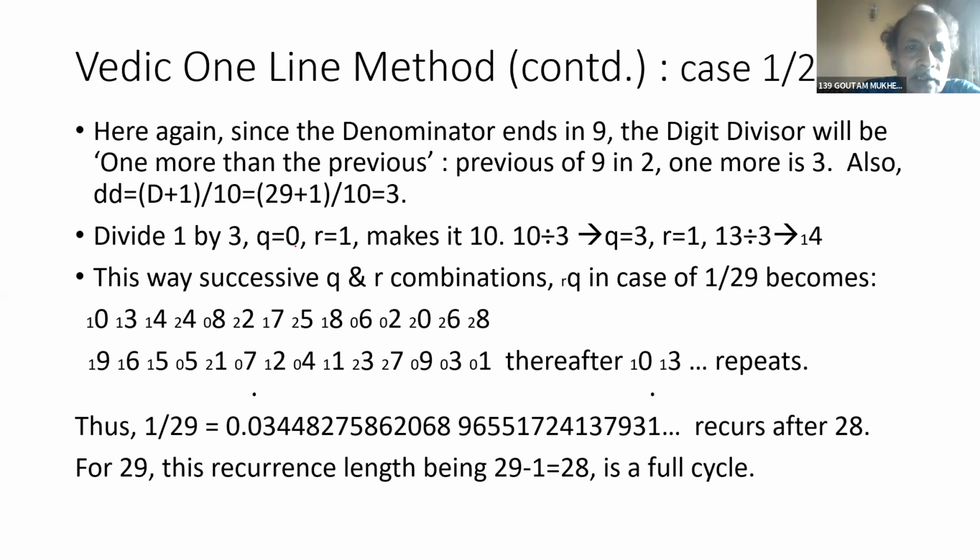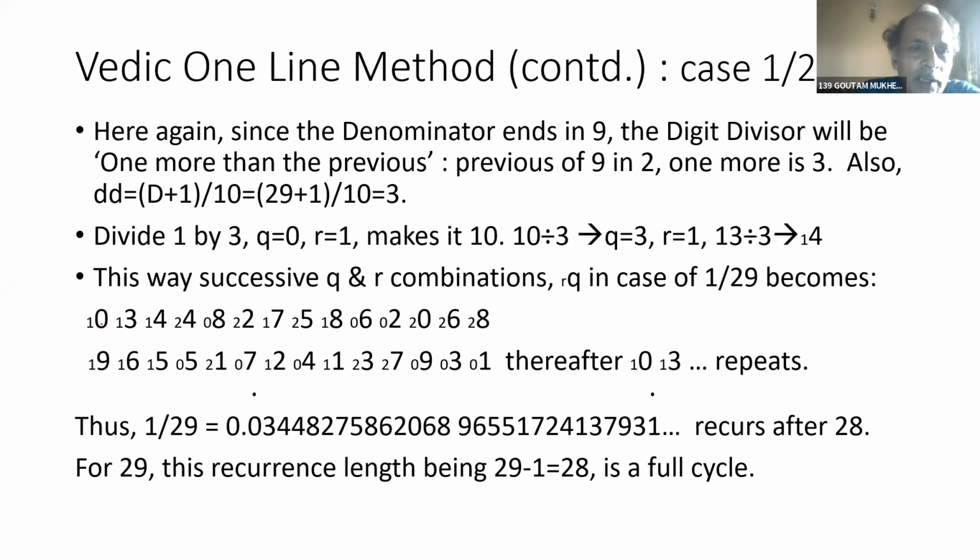Dividing 1 by 3, the quotient is 0 and the remainder is 1. That makes it 10. So 10 divided by 3 again, the quotient is 3 and the remainder is 1. This becomes 13, and this way it goes, Q and R combination.